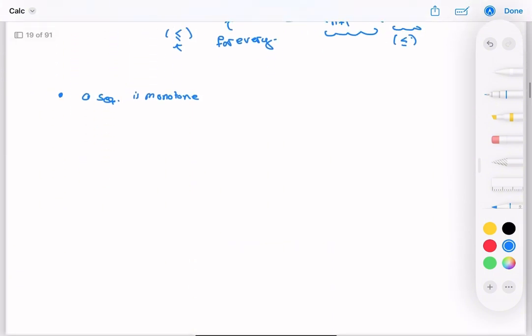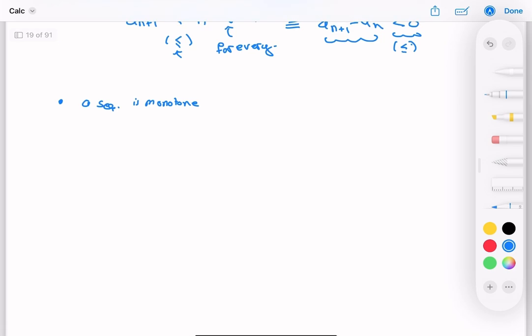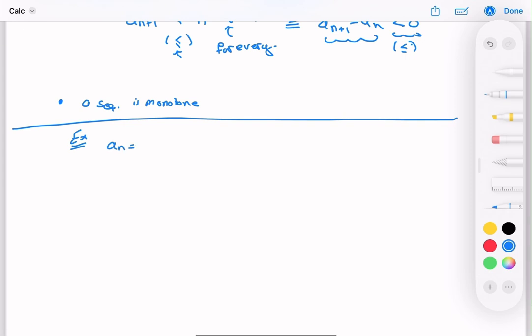And again, why is this important? But before we tell why this is important, let's take a few examples of monotone sequences. So the first example is an equals n.